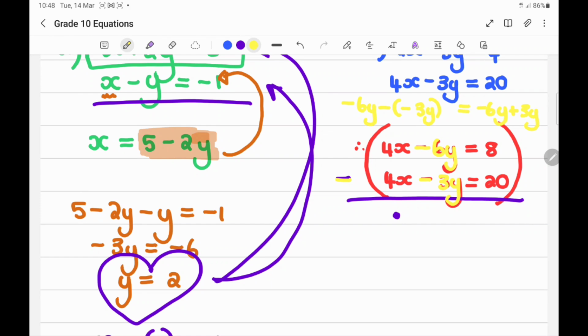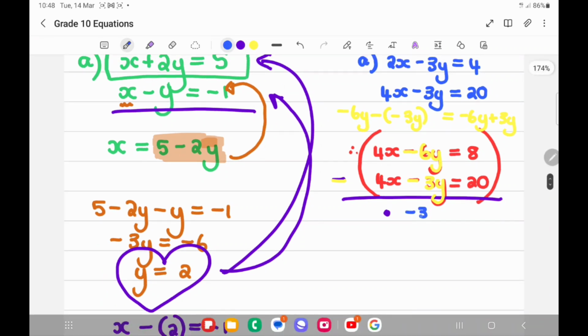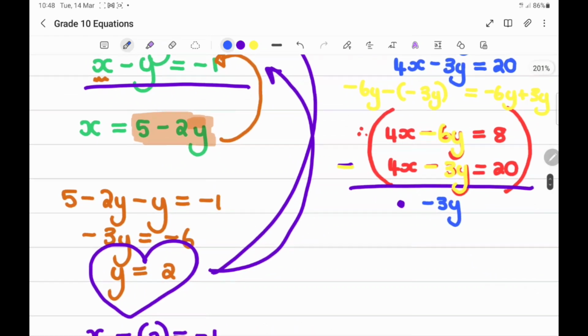So negative 6y plus 3y will give you negative 3y. And that is equal to, and you must be careful with the signs, 8 minus 20. 8 minus 20 gives you negative 12. Then you divide by negative 3 on each side. Thus y is equal to 4.